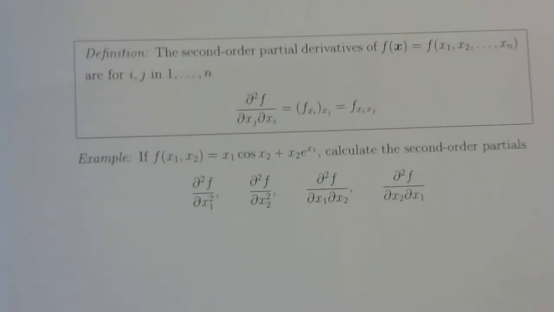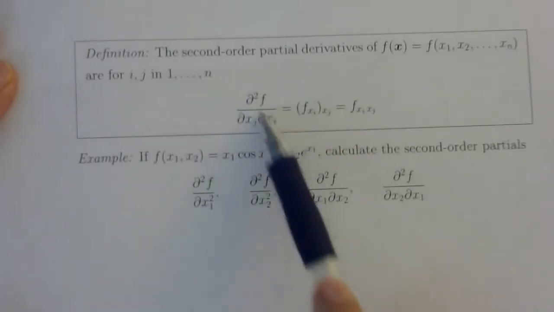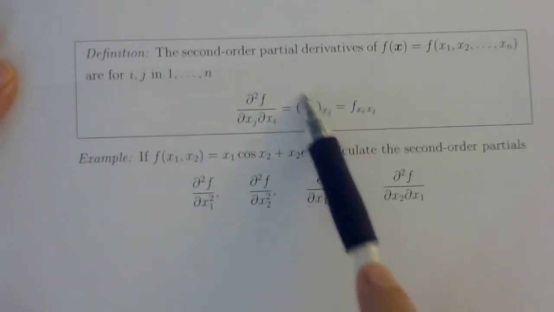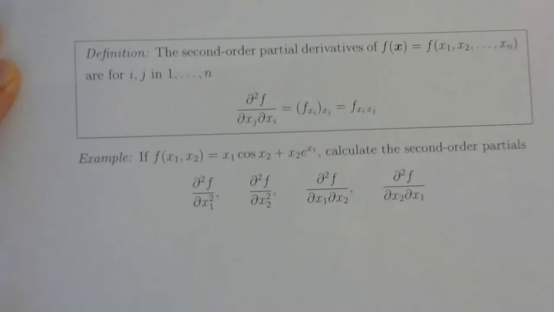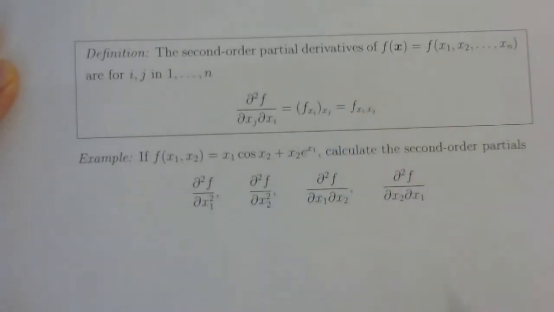So the second order partials are just the first order partials taken in the right order, right? So if I do the partial with respect to xj, xi, I have to do the partial with respect to xi, the right-most one, first, and then xj. And I can also write it as xi, then xj in the subscripts.